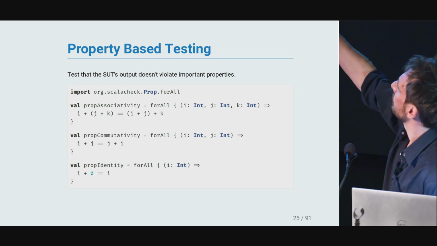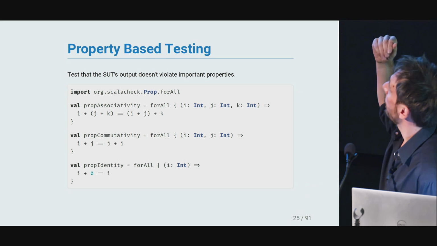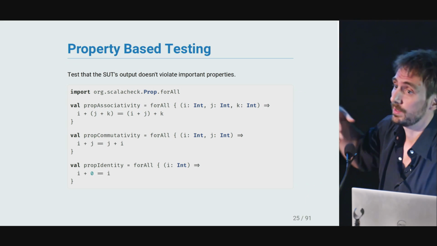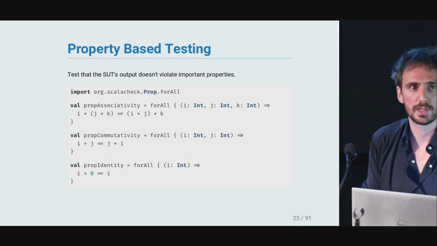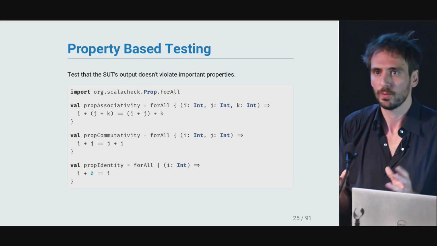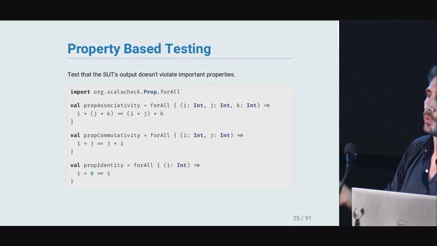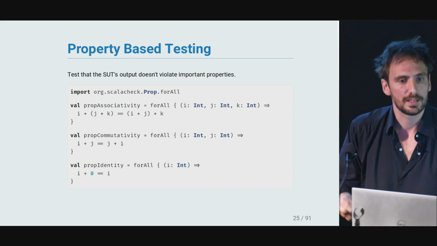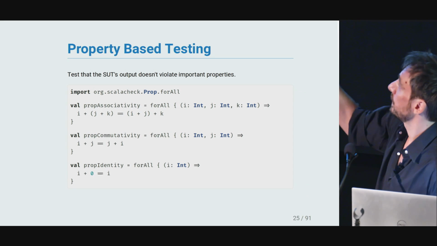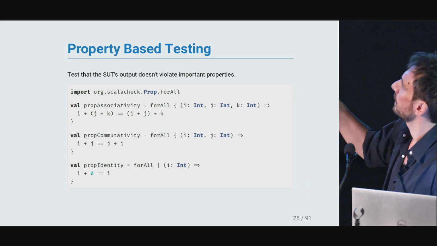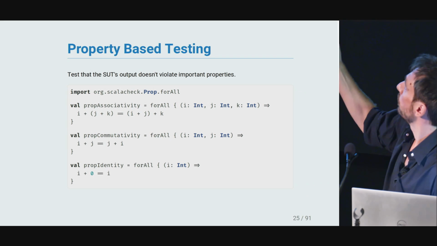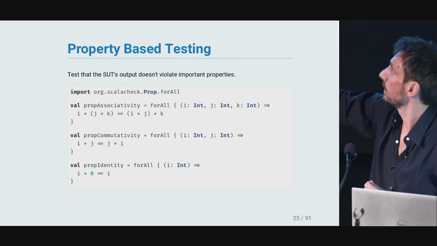An example here is I've written the specifications for addition. Addition is quite a well-studied problem by now, we've been doing it for a few thousand years. We know about three very important properties which taken together entirely define the operation: associativity, commutativity, and identity with zero. So with property-based testing, you'd write it like that.